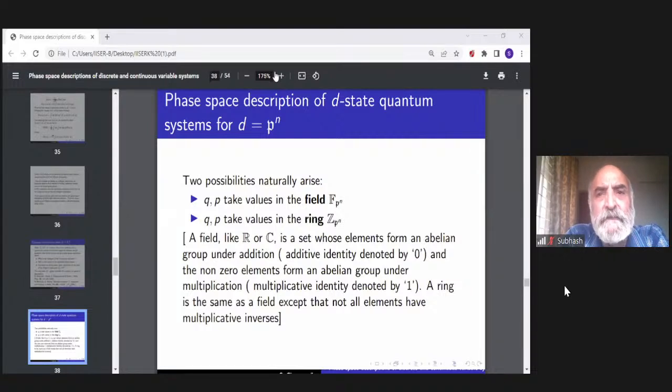So if you can prepare a suitable incoherent mixture of states with appropriate weight functions, then you have a Gaussian state. So I do not know. Maybe I don't appreciate your question that well. We will come back to your question at the end. Okay.